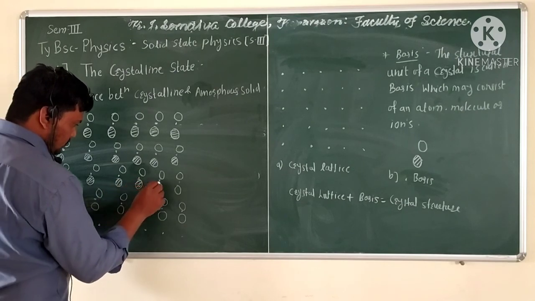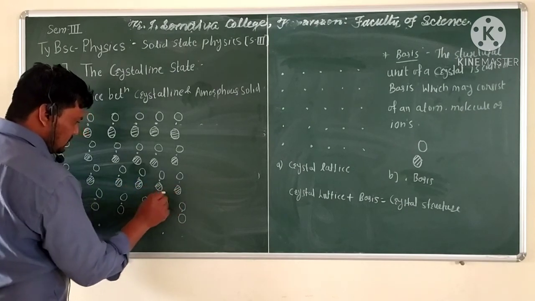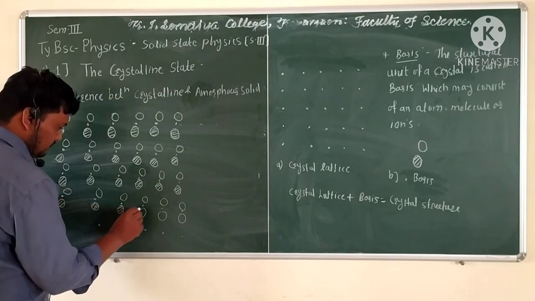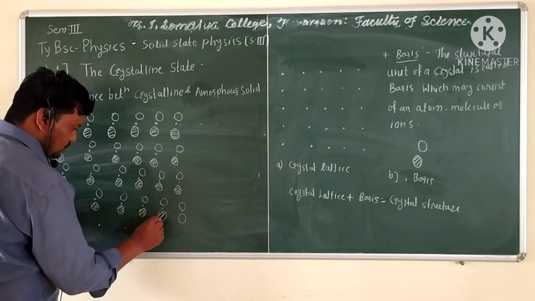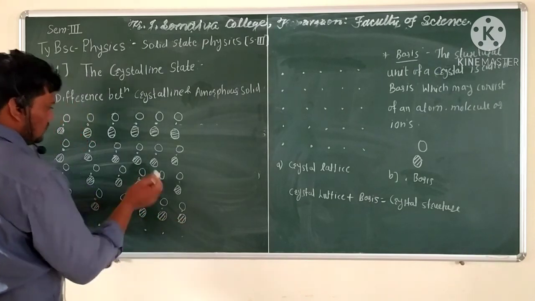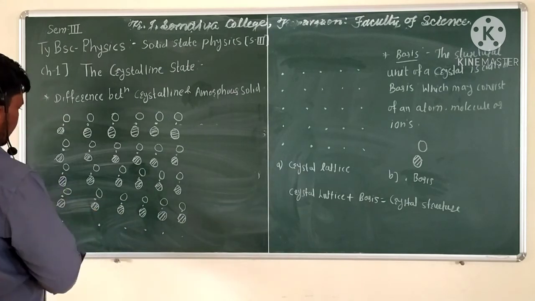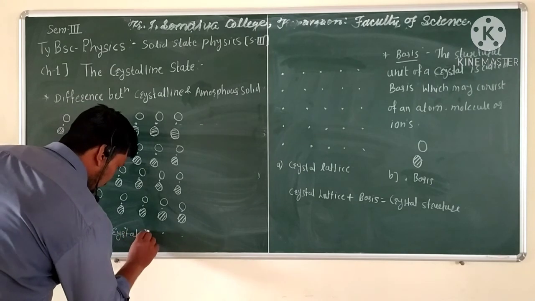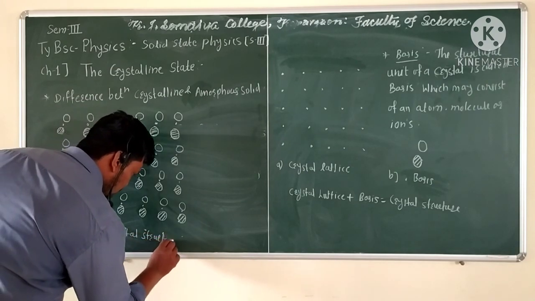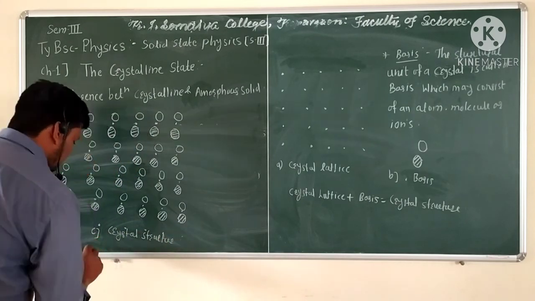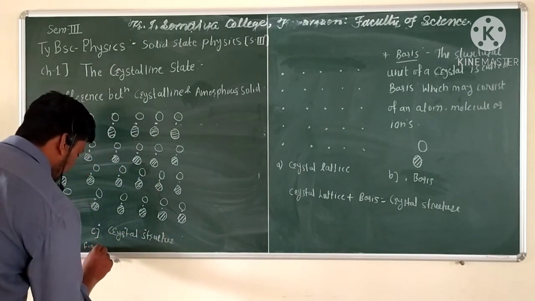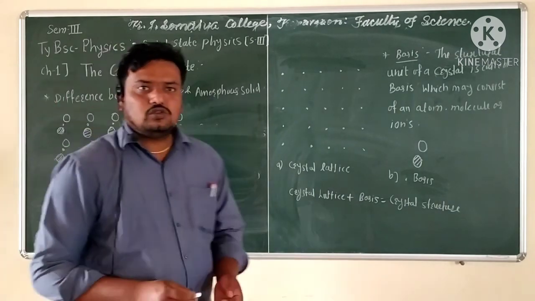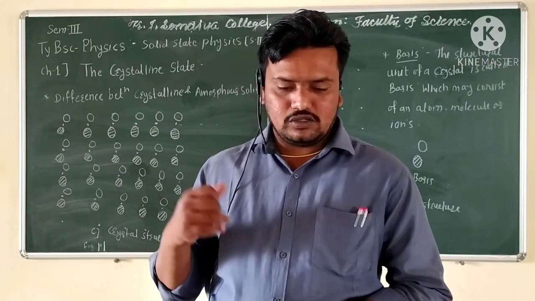So this is the basic crystal structure based on the lattice point plus basis point, which forms the crystal structure. See the figure 1.1.